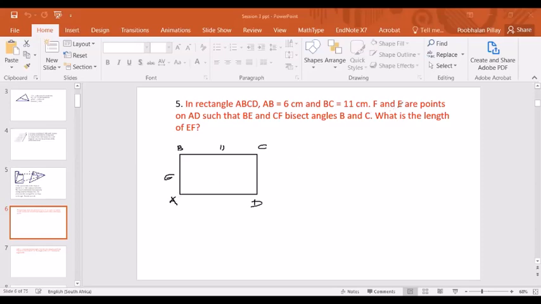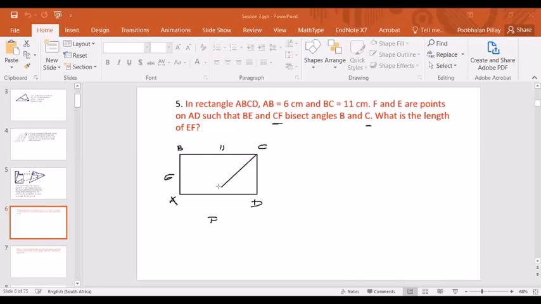Okay, then they say F and E are points on AD. So F is here somewhere. It's a point here. And what else do they say about F? They say that CF bisects angle C. So there's C here, and your CF bisects this angle.